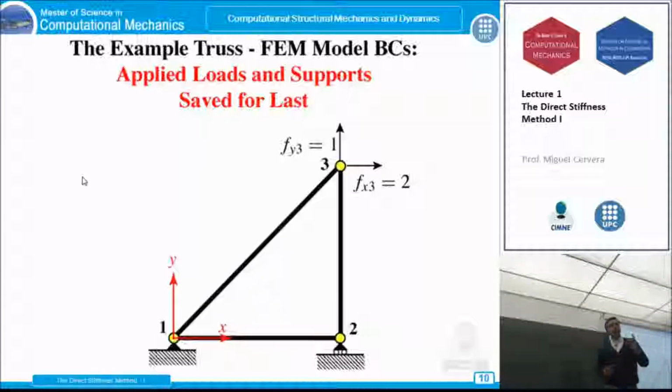Now, the other 3 are free to move. Okay? In those degrees of freedom which are free to move, I can specify applied forces. Okay? For instance, here I'm specifying 1, and here 2. And here I am specifying 0. Okay?